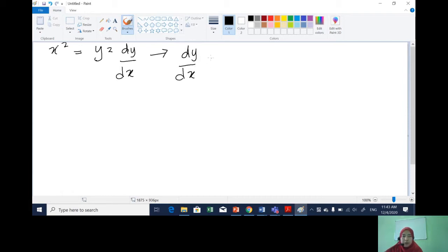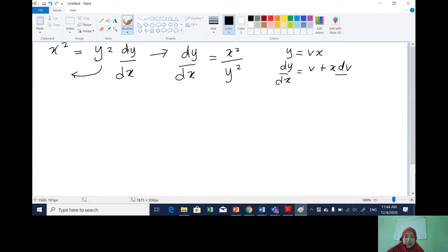dy over dx is equal to, bring this to the other side, so we have x squared over y squared. The next step is to use the substitution. Remember, we need to transform y equal to vx. So for dy dx, from this equation we differentiate, so we have v plus x dv over dx.